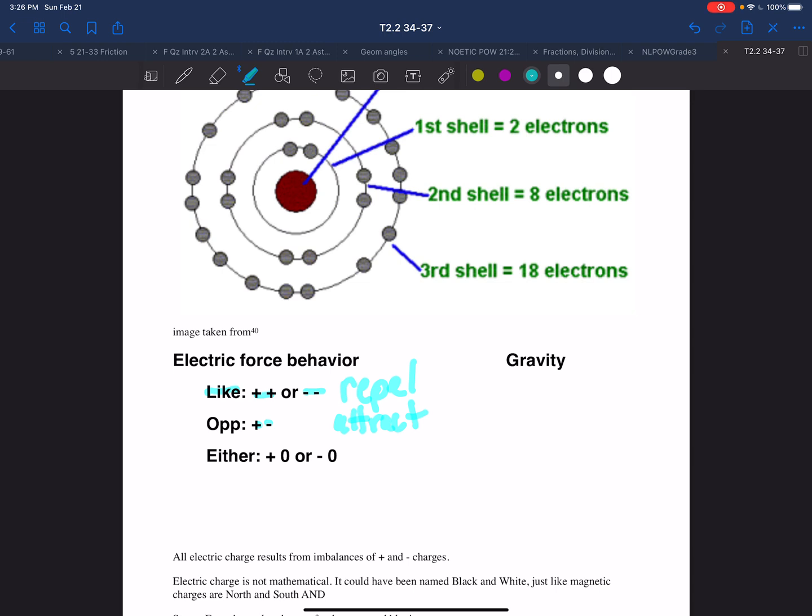They can either repel or attract, whereas gravity can only attract. So these behaviors of the electric are true of charged particles and charged objects.